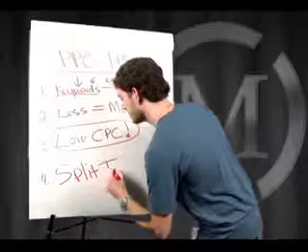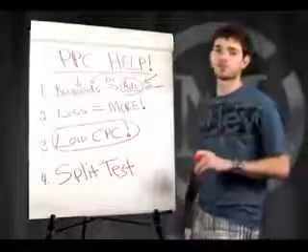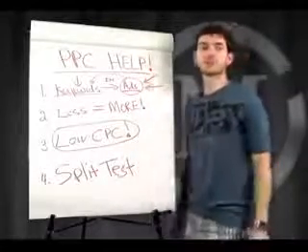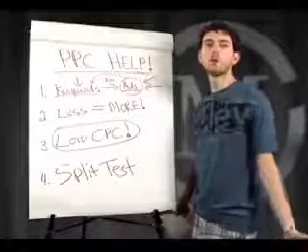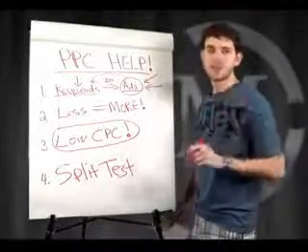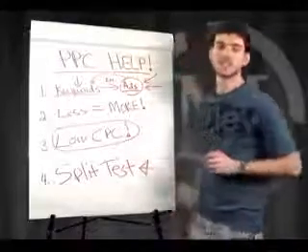split test. Look, I've seen it all too often. Someone writes an ad, they put it on, boom, it doesn't work. And then they sit there and they say, well, what in the world? I might as well cancel this ad and go to another one. That's not always accurate. You see, split testing is key to success, right?